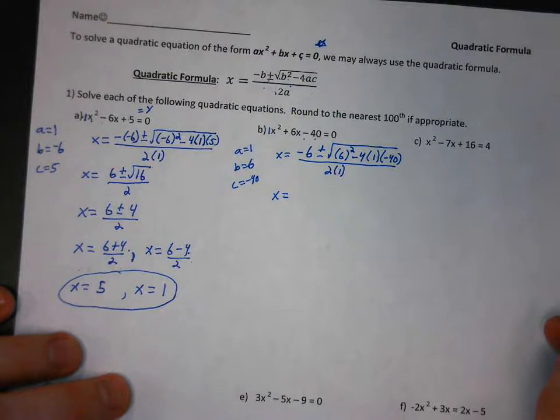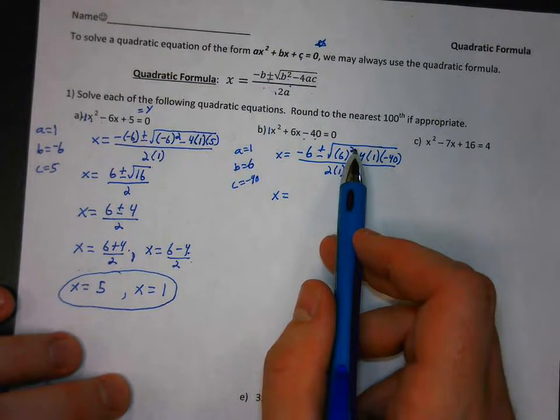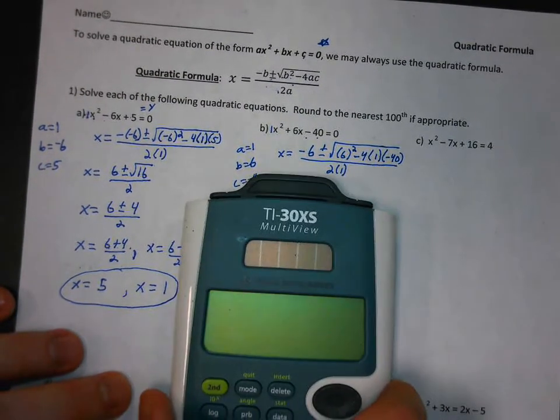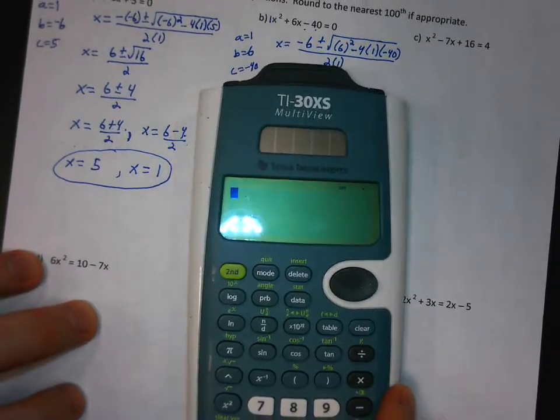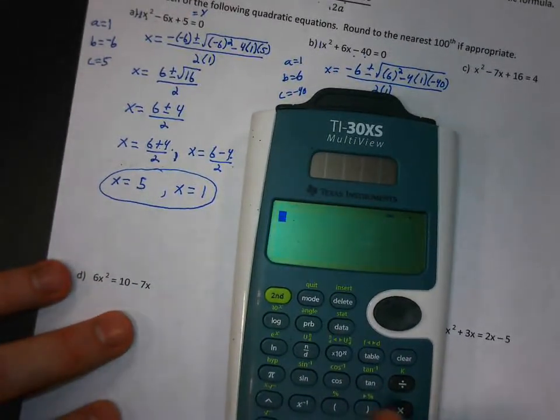Okay, so when you do the simplifying on this one, when you do inside the square root, again, I'm just going to show you one more time in the calculator. You're going to do 6 squared, and again, I suggest you put that in parentheses every time. So 6 squared minus 4 times 1 times negative 40.